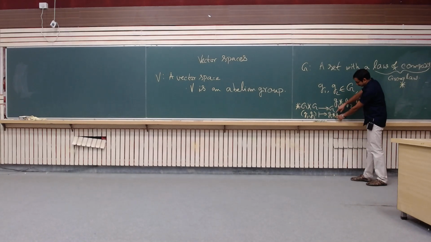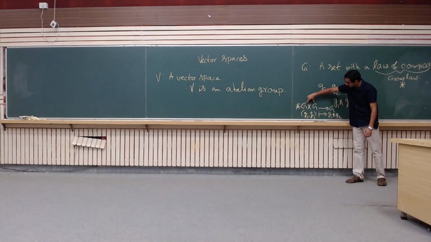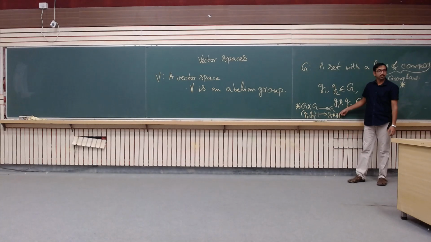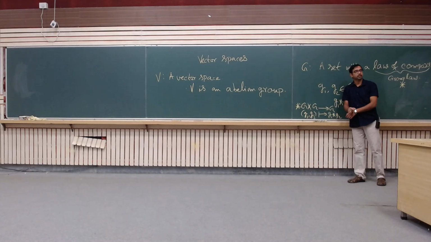So you can compose two elements in G to give another element in G as well. So G is closed under this law of composition.